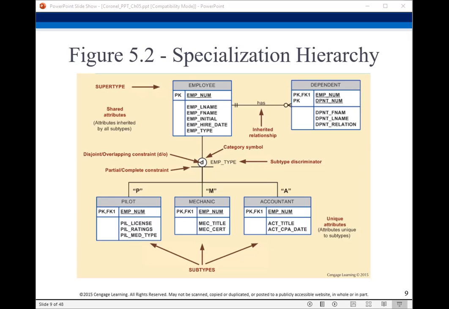Well, a specialization hierarchy depicts the arrangement of higher level entity supertypes, parent entities, and lower level entity subtypes, child entities. To answer the question precisely, we see this image here, and we see a hierarchy formed by an employee supertype and 3 entity subtypes: pilot, mechanic, and accountant.